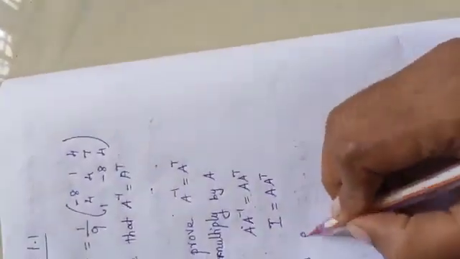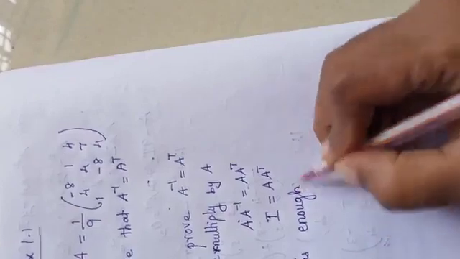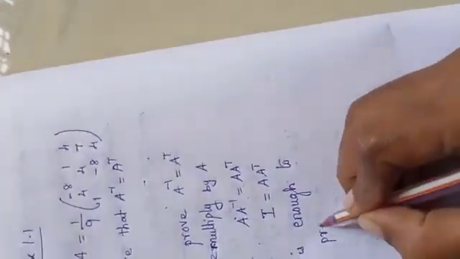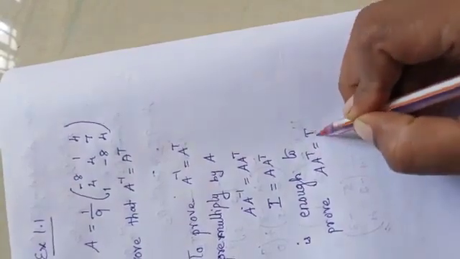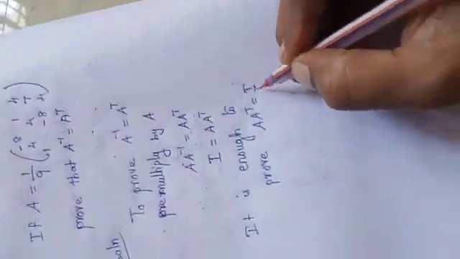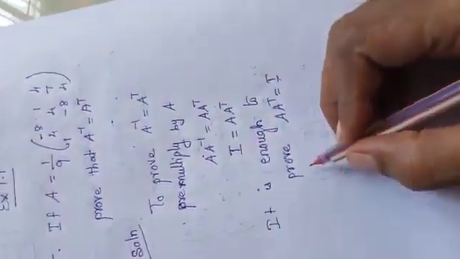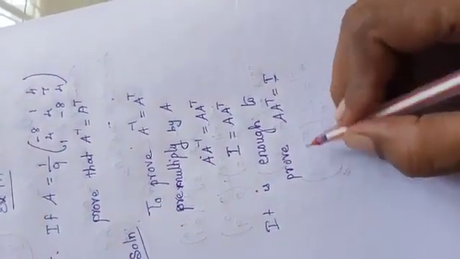So it is enough to prove A into A transpose is equal to I. Okay, now shall we prove it? A we know, A transpose only we have to find out.